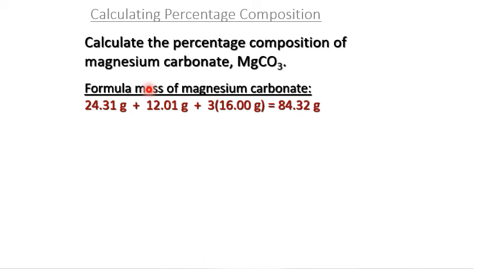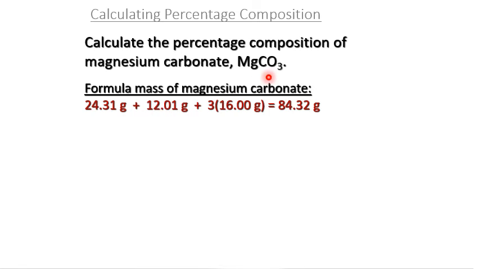So first thing is we need to get the mass. We need to find out the formula mass, the molar mass, the relative molecular mass. All of those you might have, but they're asking you for the same thing. Out of all of the masses, magnesium, carbon, and oxygen: the mass of magnesium is 24, and there's only one atom of magnesium, so 24 times 1 gives you 24.